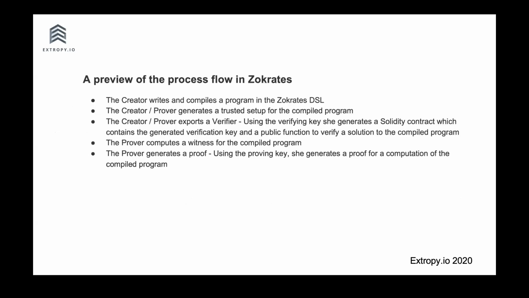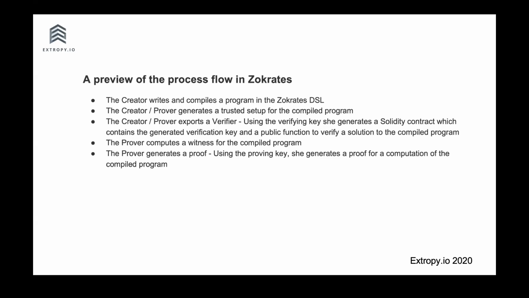Now, just to give you a quick idea of the flow in this, this is talking here about the Socrates project that we'll look at later. So typically, if we're creating a zero-knowledge proof, a SNARK in Socrates, we will write and compile an algorithm using a higher level language, a DSL.